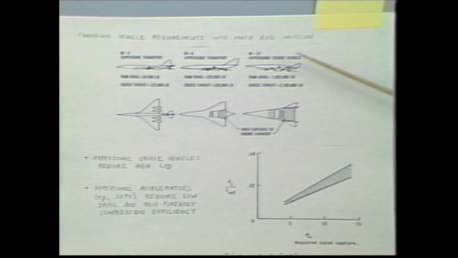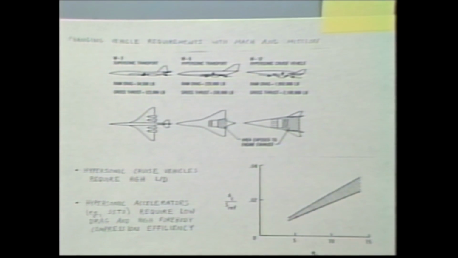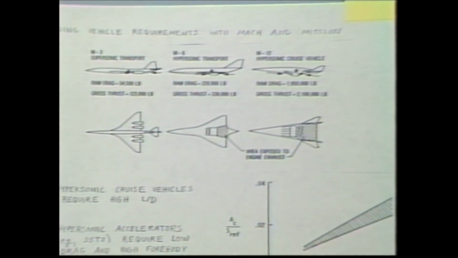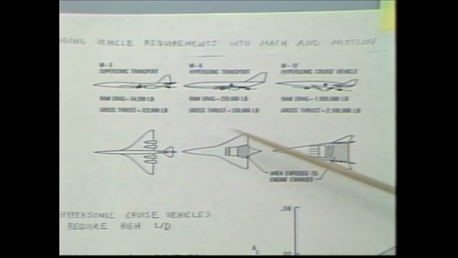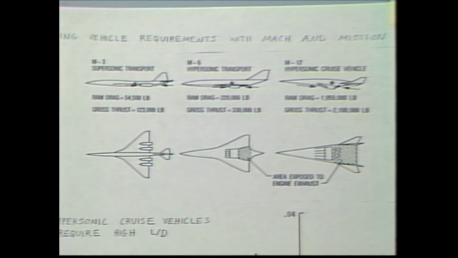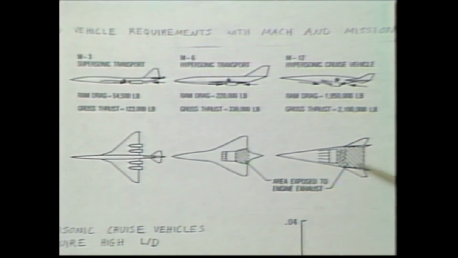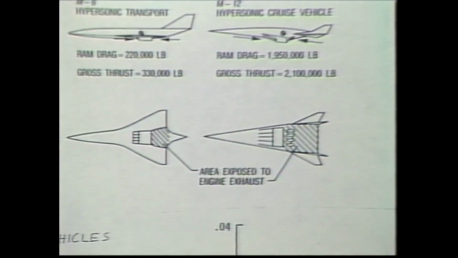Changing requirements of aircraft with Mach number and mission: at lower Mach numbers, still supersonic, engines tend to be independent of the airframe, and as you go to higher Mach numbers, the engine needs to be more and more integrated because more and more area is required for capturing air and providing thrust, and more area is required to act as a nozzle.